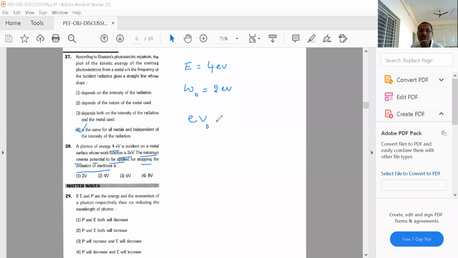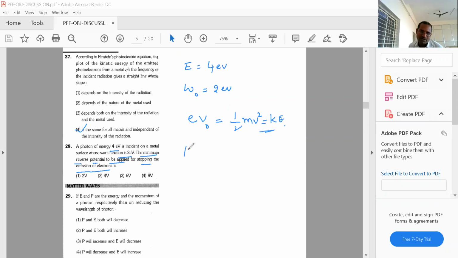We know stopping potential is the work done we need to apply, which will be equal to the kinetic energy, half mv square. Whatever work we have to do, that work should be used to stop the electron, which means decreasing the kinetic energy of the electron.